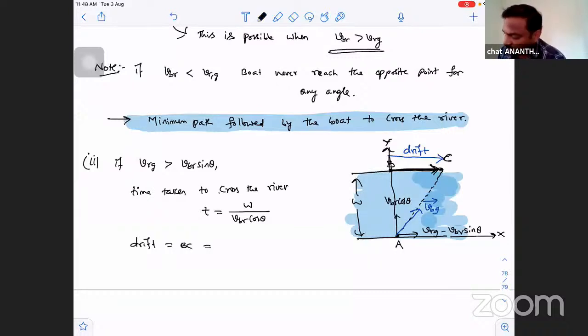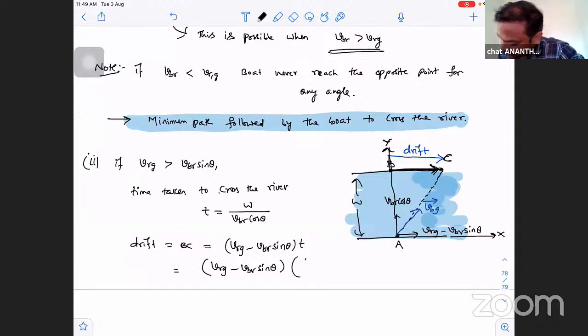Horizontal velocity into time taken, because there is no acceleration here. First we learn with the velocities; then if you want, you can go with acceleration, which will be a little tough. So I can write VRG minus VBR sin theta multiplied by the time, which is W by VBR cos theta. So this is the drift.